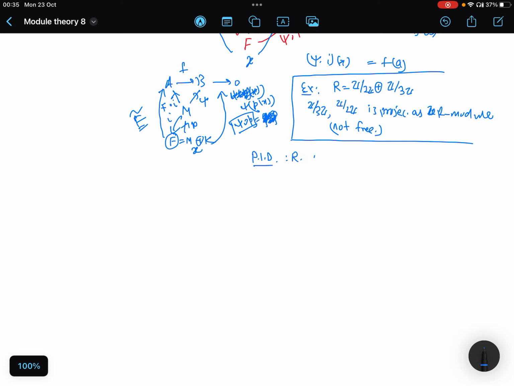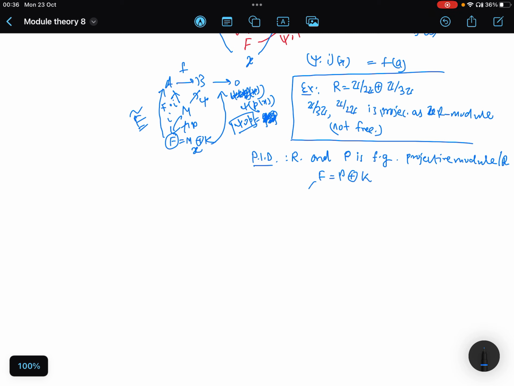Say R is a PID and P is a finitely generated projective module over R. Then you can always embed P inside a free module of finite rank, because you can just take the generators of P and embed P inside the free module generated by those generators. So you get a free module of finite rank F over a PID with P as a direct summand.